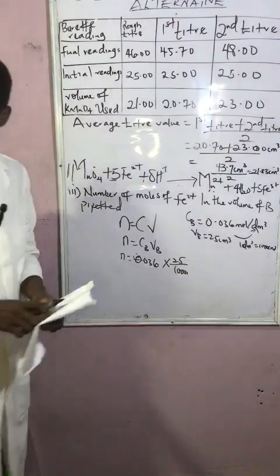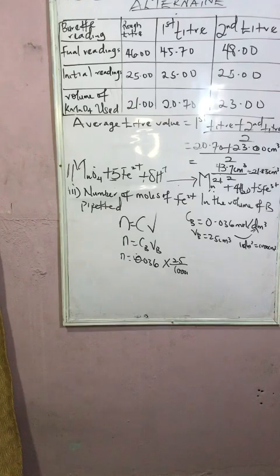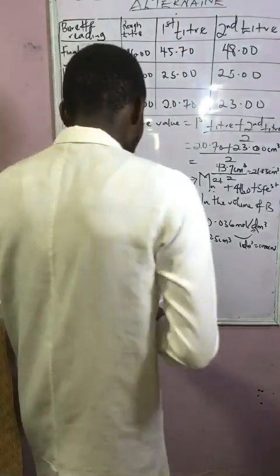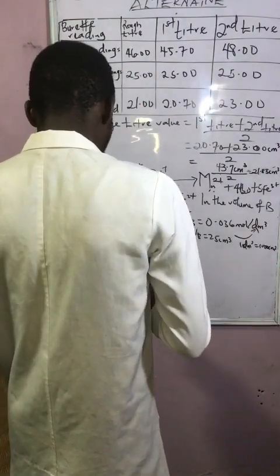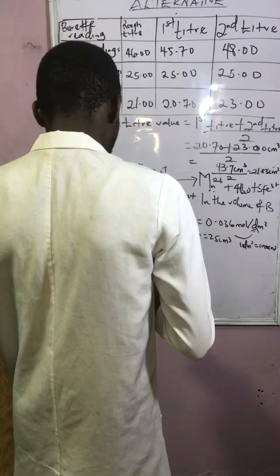So with that, punch our calculator. 25 divided by 1000.